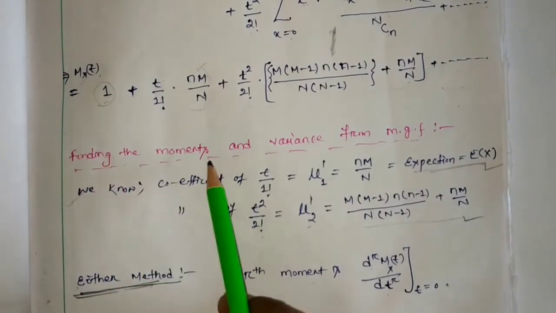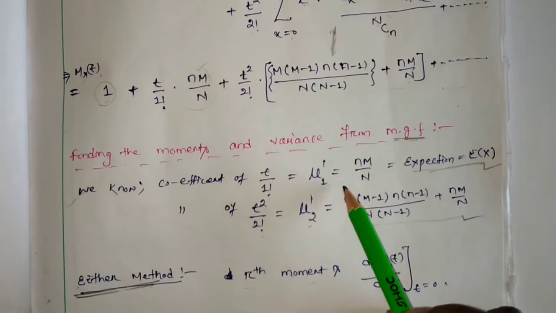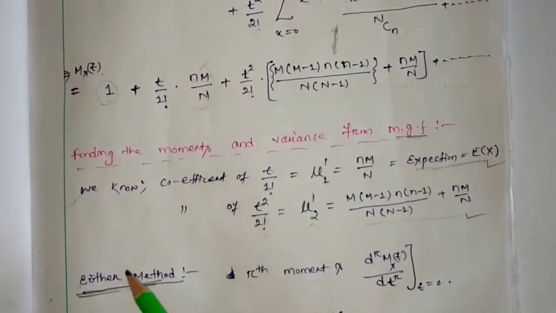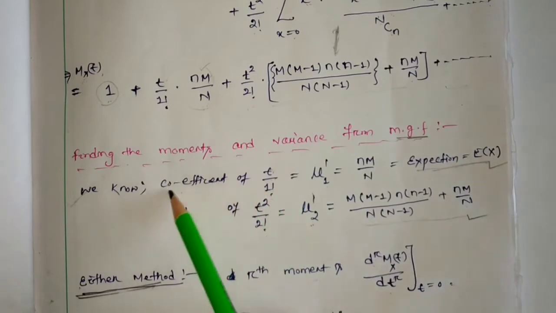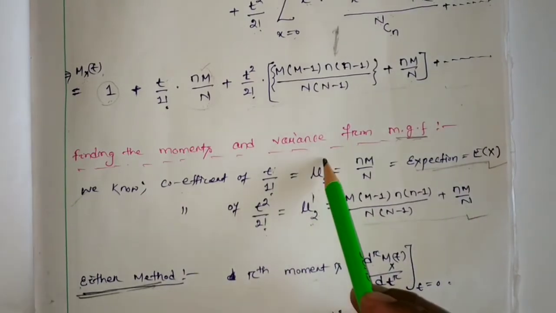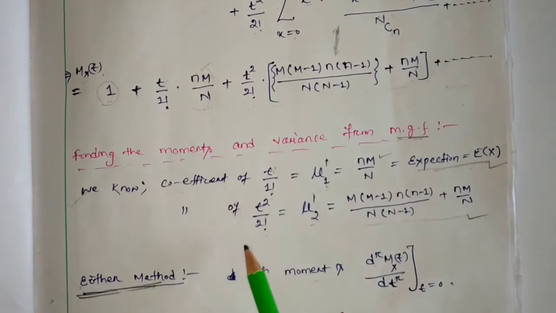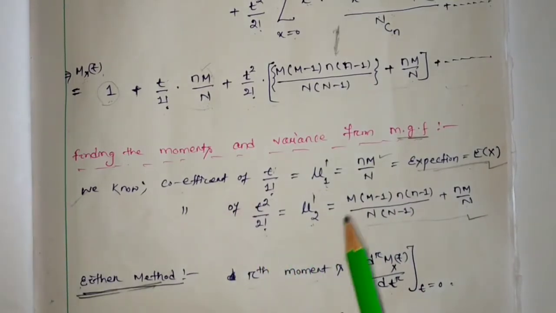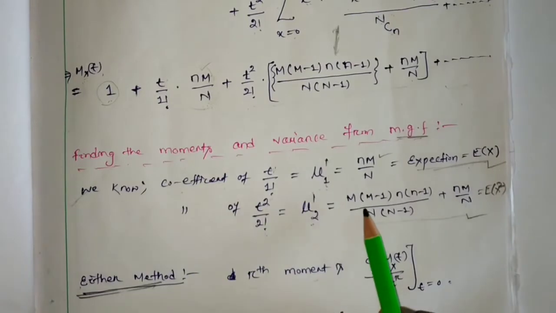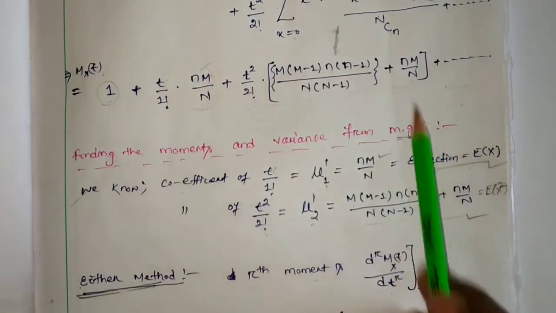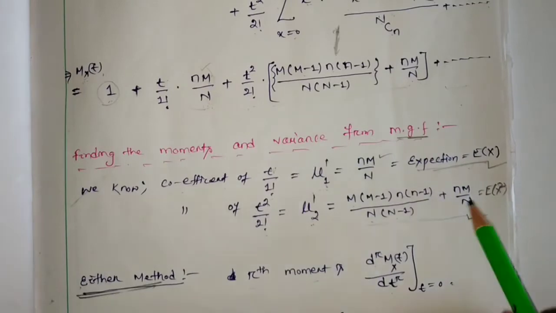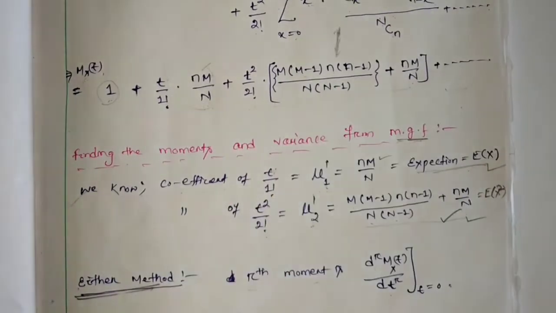Finding the moments and variance from the m.g.f., the moment generating function: we know, as discussed in our offline class, that the coefficient of t by 1 factorial is nothing but your mean, the expectation value, that is your first moment mu1 dash, which is nm by N. And the coefficient of t square by 2 factorial is nothing but the second moment, that is E(X square), mu2 dash, which is m into m minus 1 n into n minus 1 by capital N into capital N minus 1 plus small n m by N. The same thing we found by deriving in this way also.